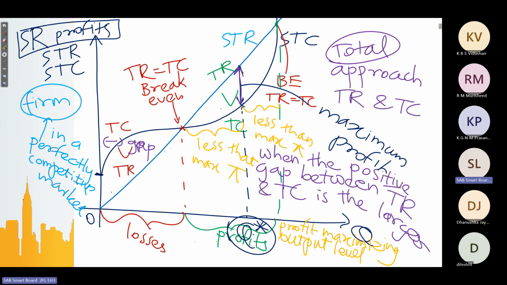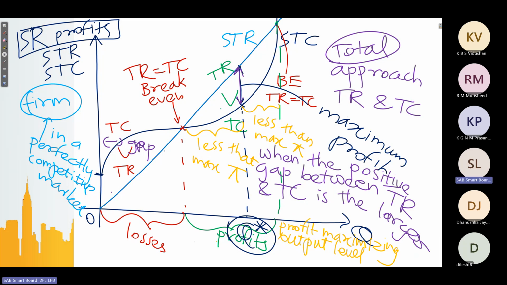Slope of total cost curve is increasing. This is the total cost curve. When we are moving up, slope of total cost is increasing.